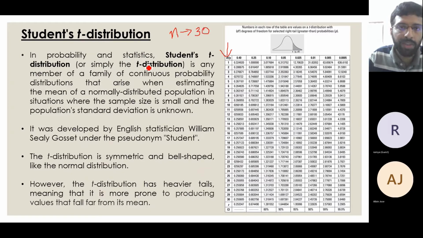Degrees of freedom means the number of independent samples or independent entities in a particular sample. If you consider all the n entities, the concept is something like this: I find the mean, I subtract the mean from all of these, and then I add it up.